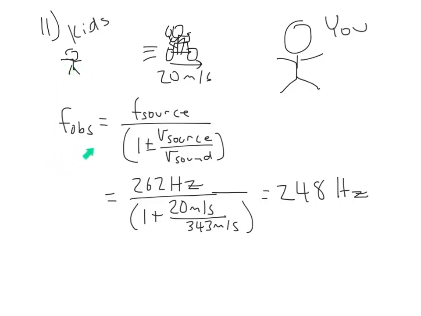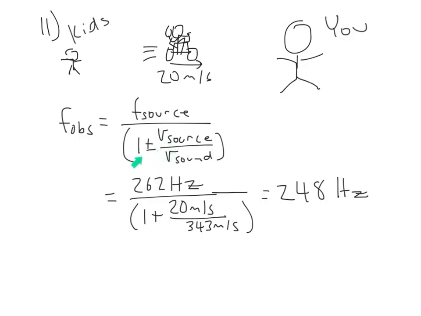Well, what do we use? We use the formula we've been using all along. We use a formula for a moving source. Again, it's not a moving observer, it's a moving source. So frequency observer is equal to the frequency of the source, which is the mini bike, divided by 1 plus or minus V source over V sound.